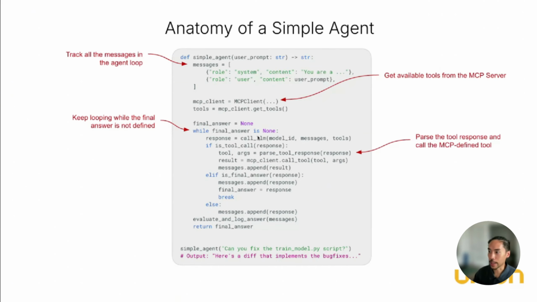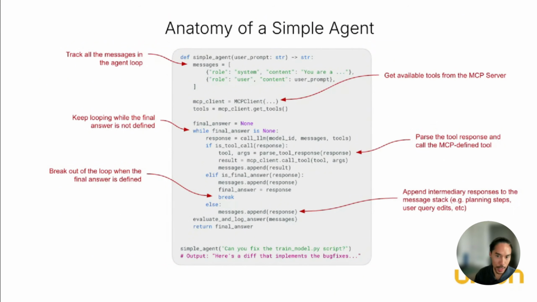You basically call the LLM, and if the response from that LLM call is a tool, then you have to parse that response for the tool name and the arguments you want to pass to the tool. You add the tool result to the message stack. You then break out of the loop when the final answer is defined. But if it's not the final answer, it could be an intermediary response that isn't a tool call.